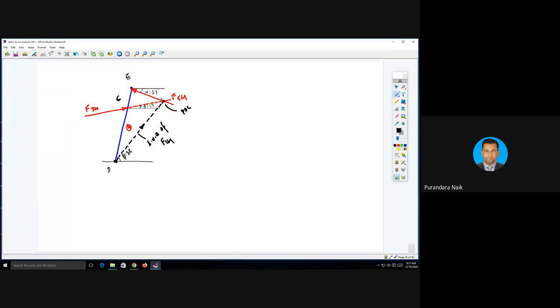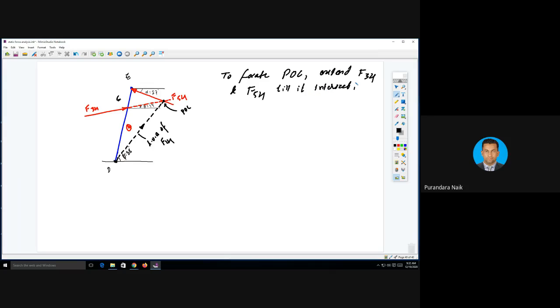You can write the step here to locate POC. How to do that? Extend F34 and F54 till they intersect.